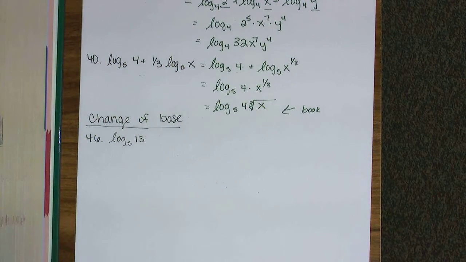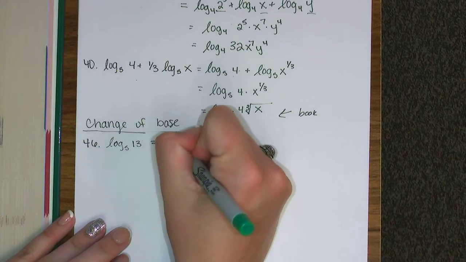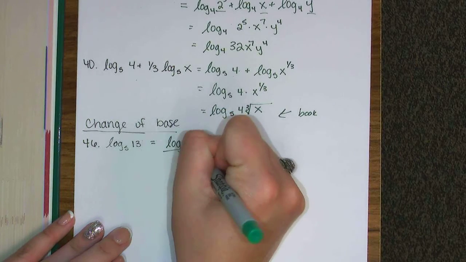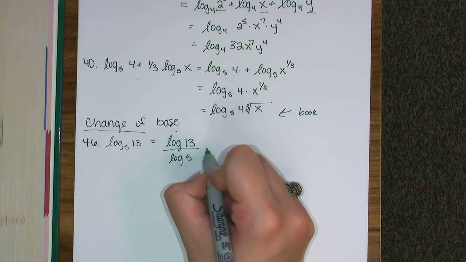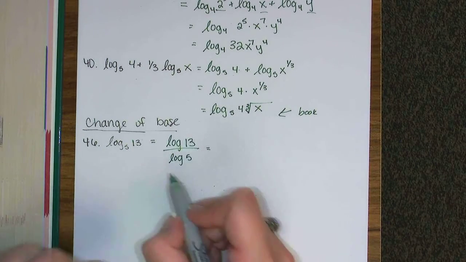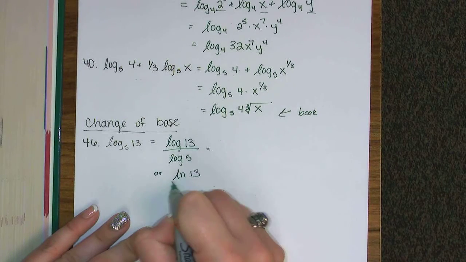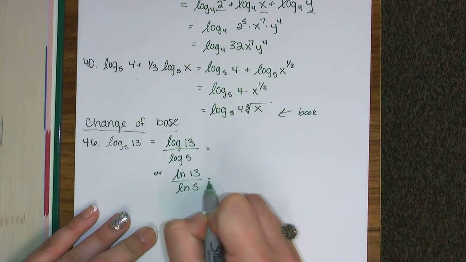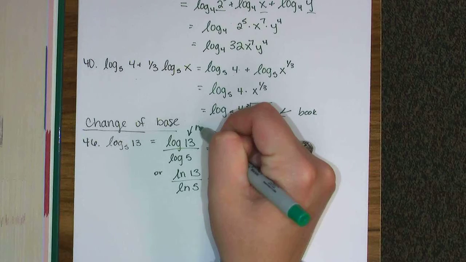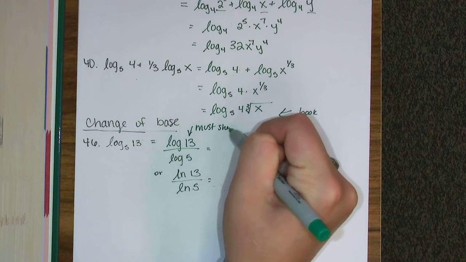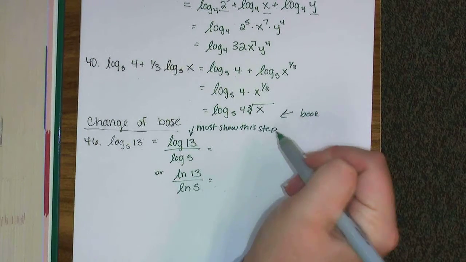You have to show me this is equal to log of 13 over the log of 5, okay, which is equal to whatever that's going to end up coming out to be. Or you could say the ln of 13 over the ln of 5. Either of those is acceptable, but you must show this step, or it won't be given full credit.